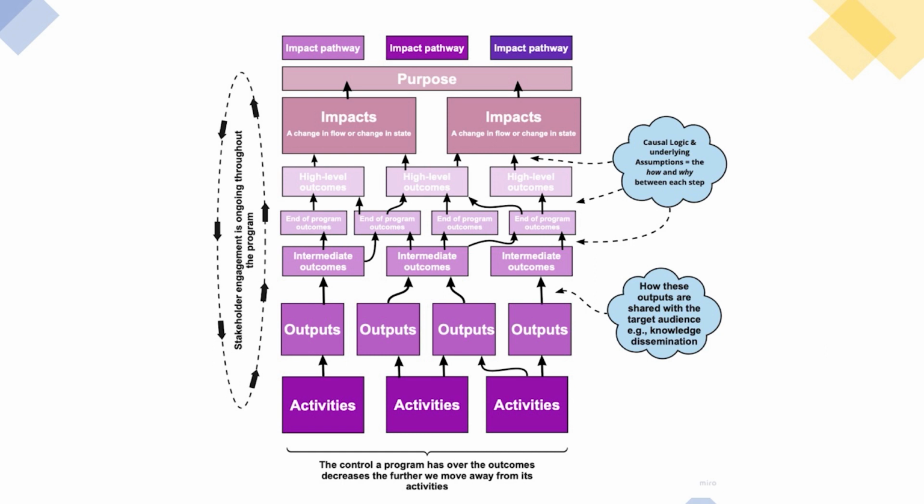Outcomes could also be immediate outcomes, intermediary outcomes, higher order outcomes. There are different terms that different people or organizations use. And there are finally impact level indicators. Don't worry about it. I'll share the deck with you.